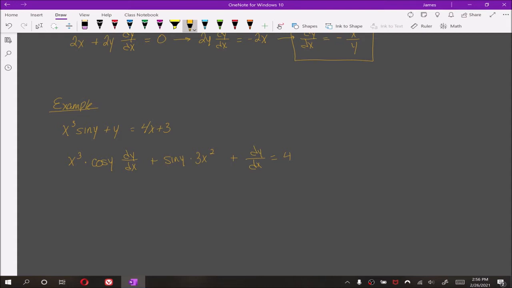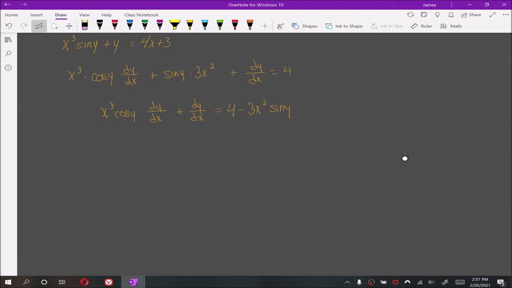We wish to isolate dy/dx, so let's subtract out that 3x squared sine of y. Now on the left-hand side, we can factor out that dy/dx.